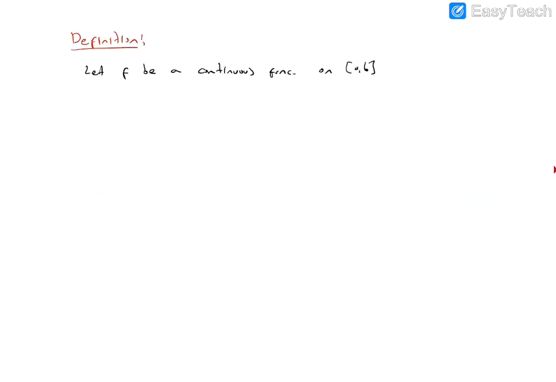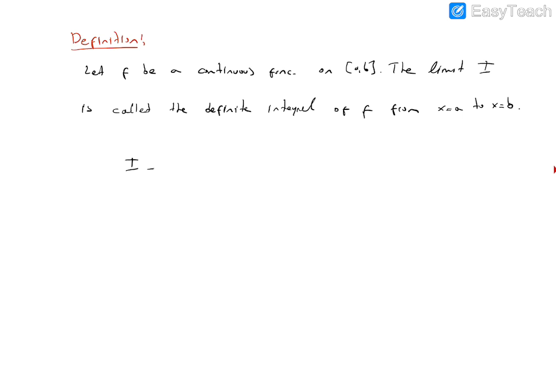So here the limit I is called the definite integral of f from x equals A to x equals B, and it is denoted by the following: I equals the integral from A to B of f of x dx.